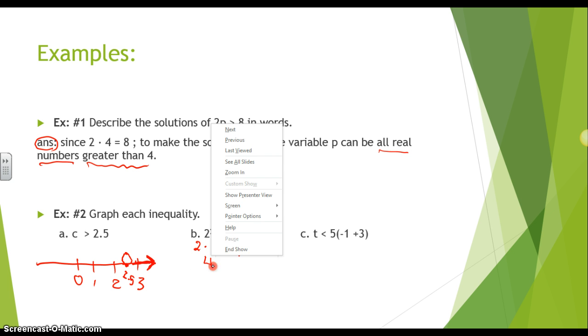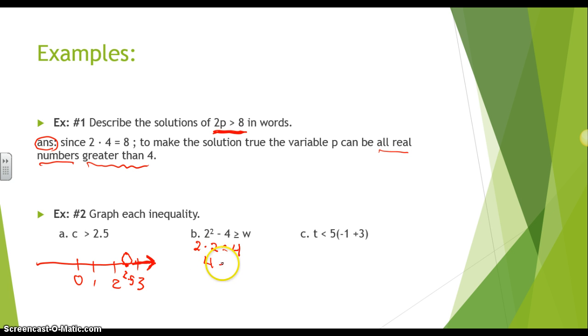So this is 4 minus 4, which is greater than or equal to W. 4 minus 4 is 0, which is greater than or equal to W. So we need to graph this. 0 is greater than or equal to W. So here I'll put my number line. Here is 0 in the center. If 0 is greater than or equal to W, that means W is going to be less than or equal to 0. So I'm going to shade everything to the left.